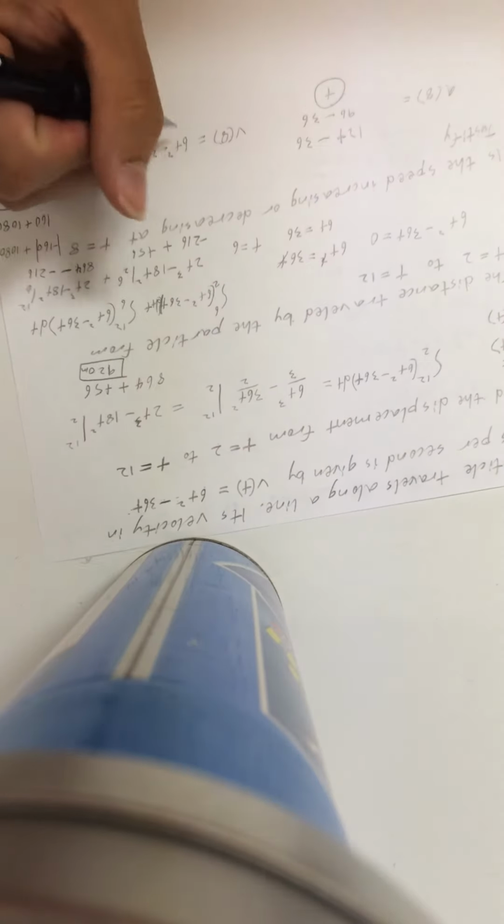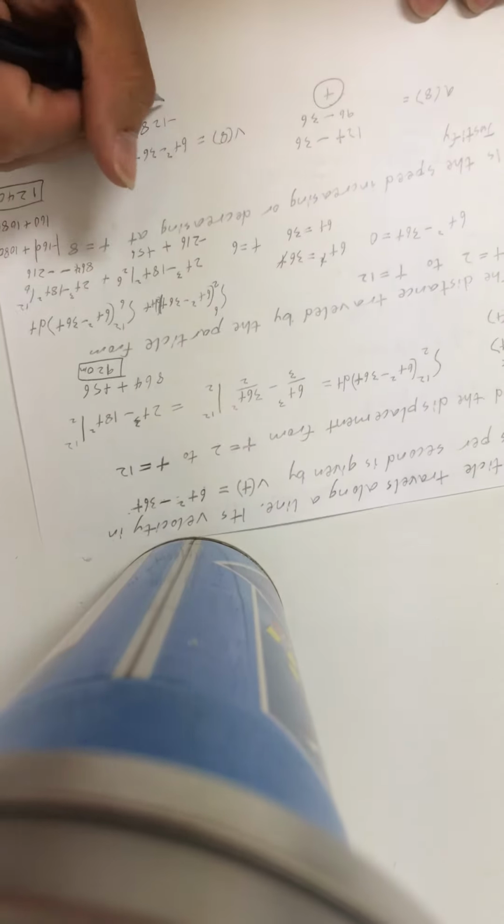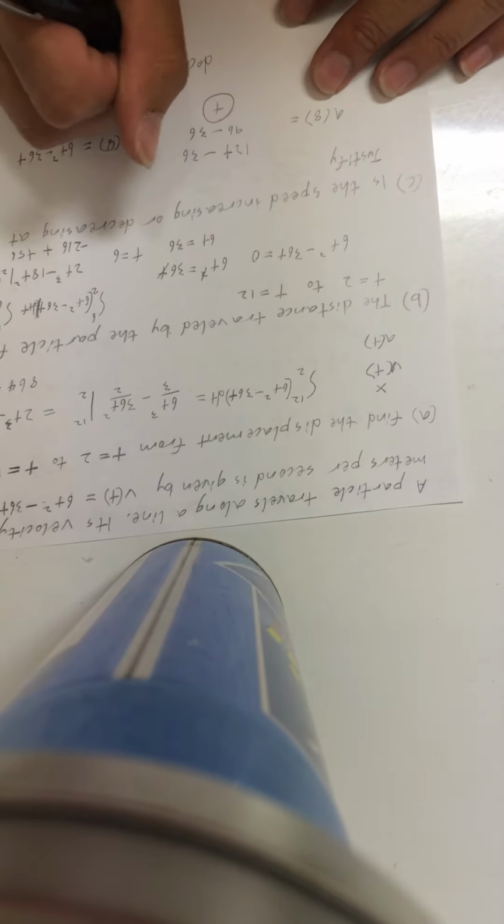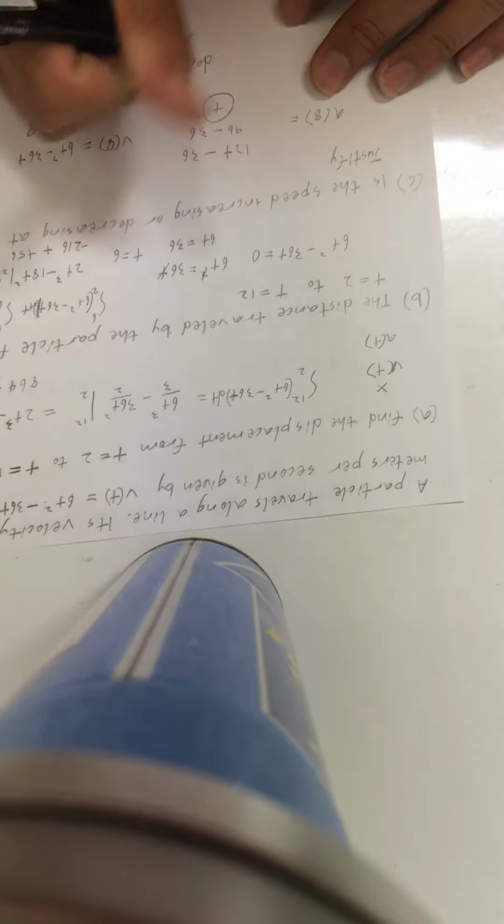That would give me negative 128, which is negative. So the speed is decreasing. And that's the end of the test corrections. Thanks.